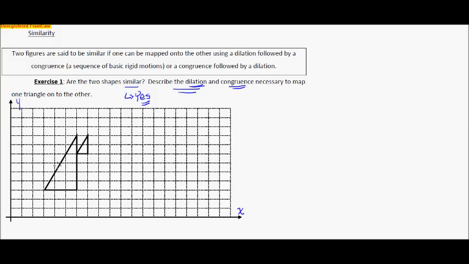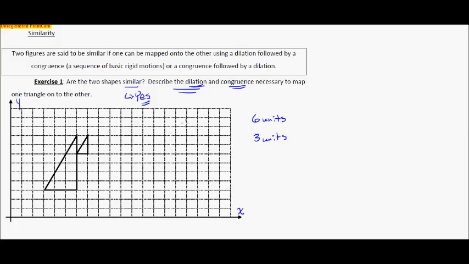If we start with this big triangle, and I simply count how big these sides are, I can count this one on the right. I can start up here at the corner and say 1, 2, 3, 4, 5, 6. So that right hand side is 6 units long. If I count the bottom side, I can start at this corner and say 1, 2, 3, and that bottom side is 3 units long.